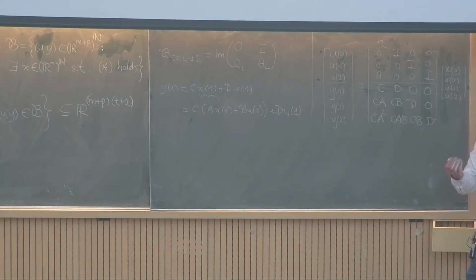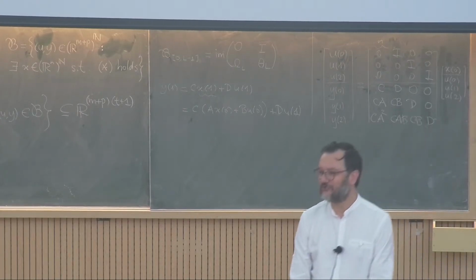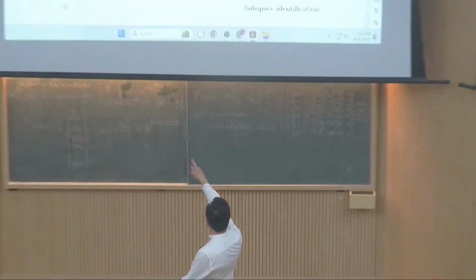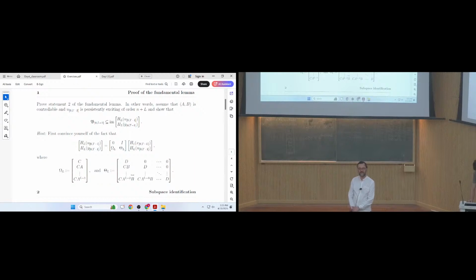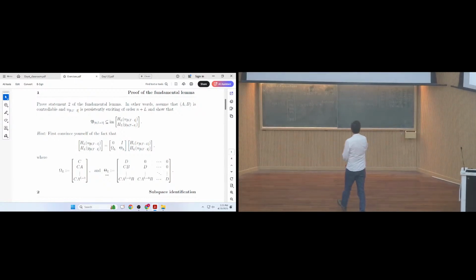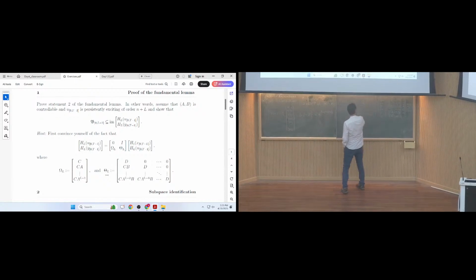And obviously, I can continue writing this down. And then you see the structure of omega L and theta L, right? Agree? So we agree that we have this equality.